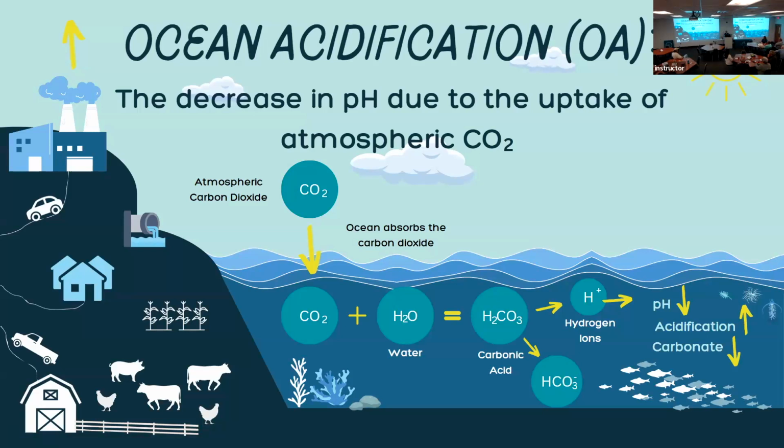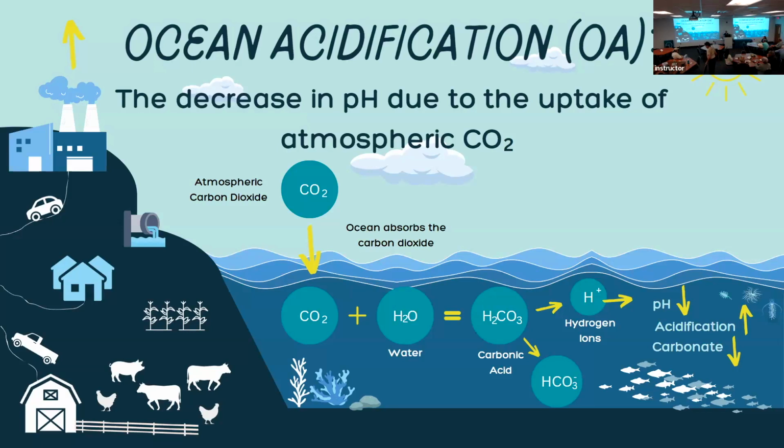When that carbon dioxide from the atmosphere is absorbed by the ocean, it combines with the water, and then it produces what's called carbonic acid. This carbonic acid will then break up into a hydrogen ion and a bicarbonate ion. Now that hydrogen ion is going to determine pretty much the pH of the water.